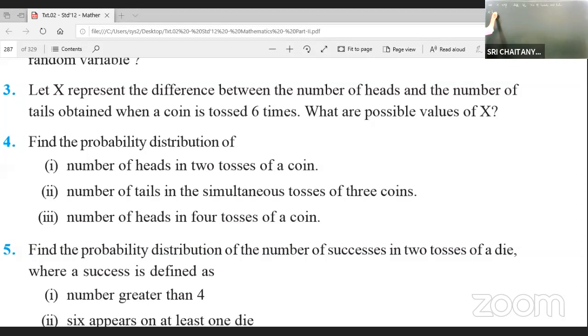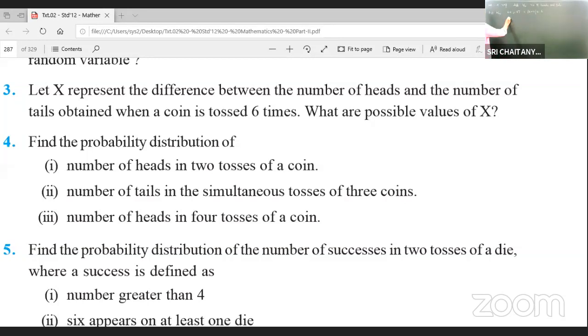X has values, the difference between 6 heads and 0 tails. Observe, 6 minus 0 is equal to 6. Why take modulus here? Because you can get 6 tails and 0 heads. Obviously, the difference may be 6, right?